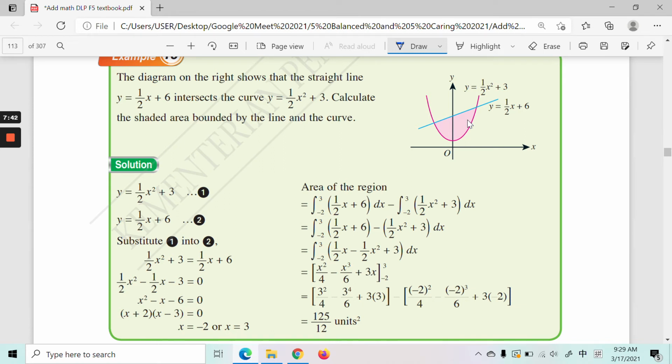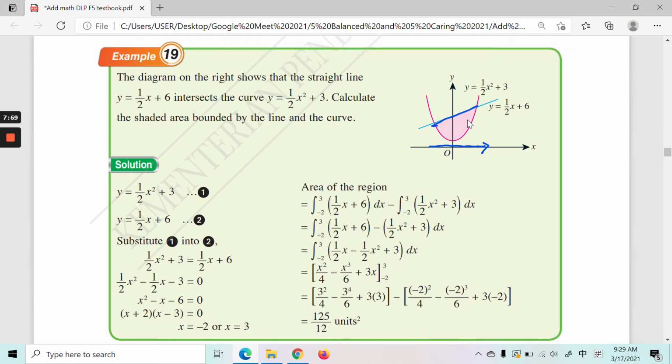If the shaded region is what we call hanging, which does not stick to the x-axis, then you can use this method. The x-axis is the floor. So the one above is the straight line, and the one below is the curve. So we use straight line minus curve.